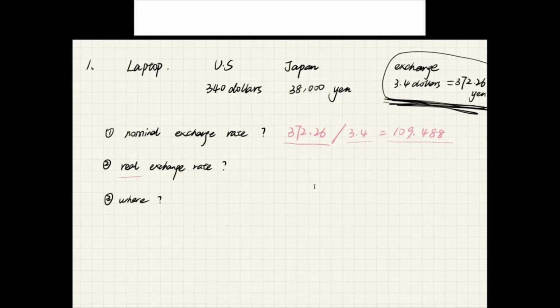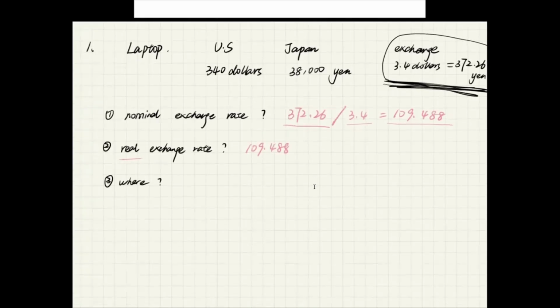And what's the real exchange rate? The real exchange rate is based on the item. It's not because of the US. Okay, now after exchanging the US dollars, you get 194.8 US dollars, right? And if you want to use these US dollars to buy this computer, you can use this ratio to get the real exchange rate.